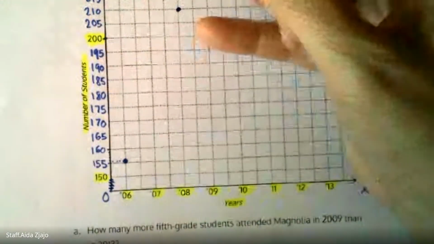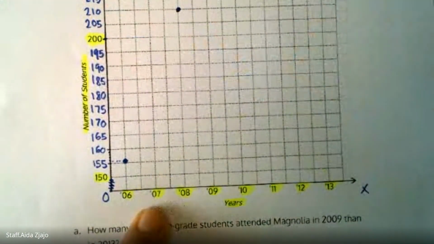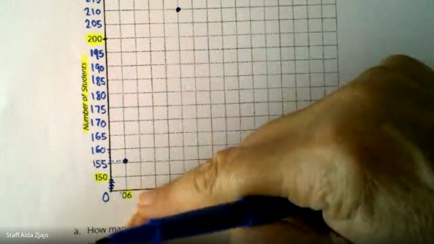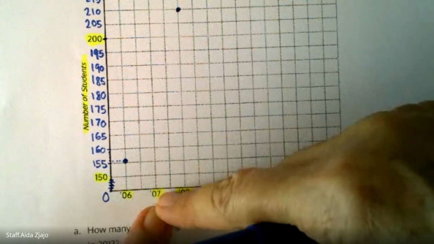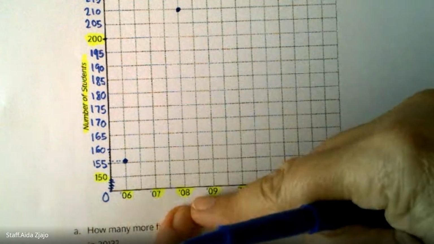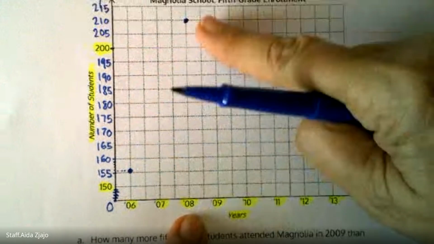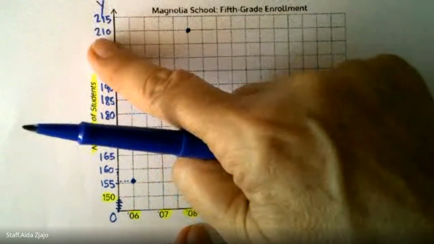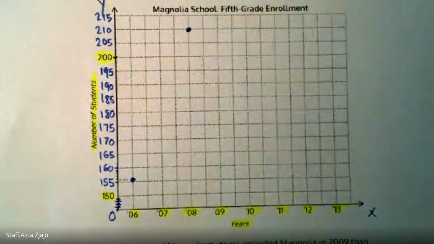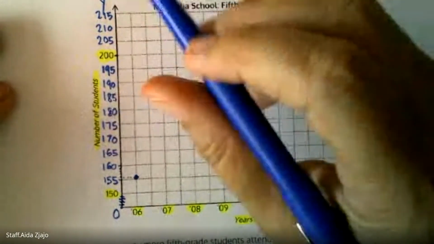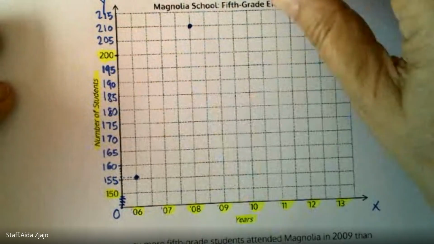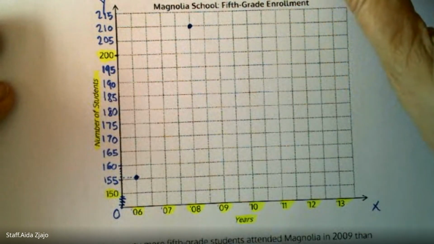So now we need to figure it out. How much did they grow each year from 2006 to 2007, and then in 2008 they reach 210 students. They say the growth was the same amount each year.